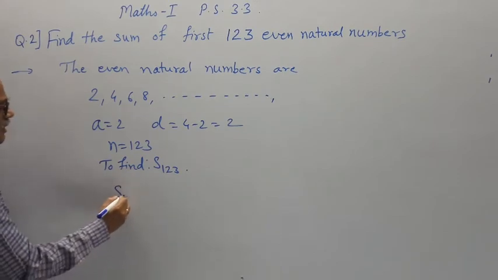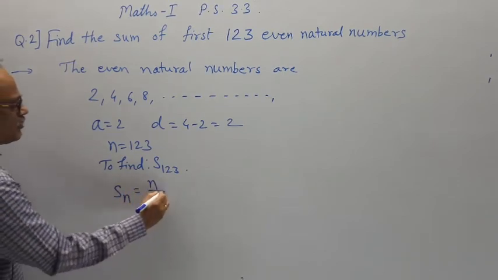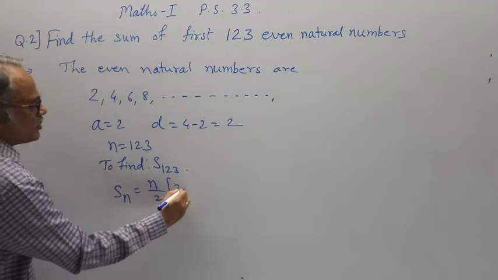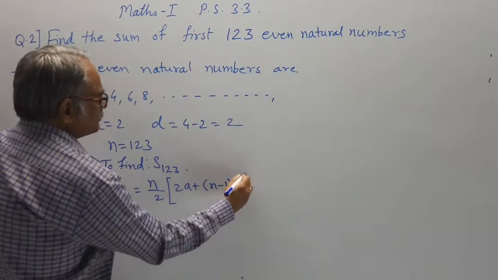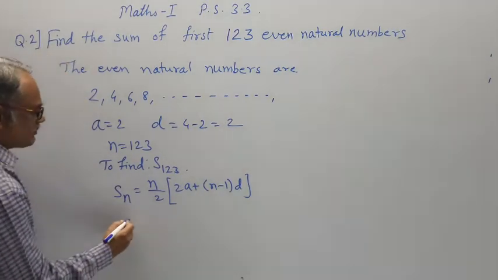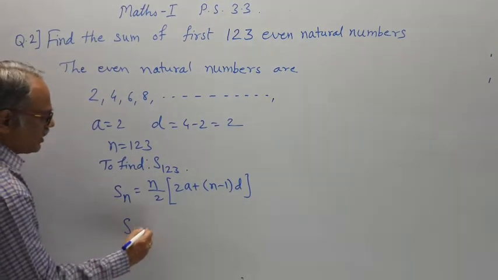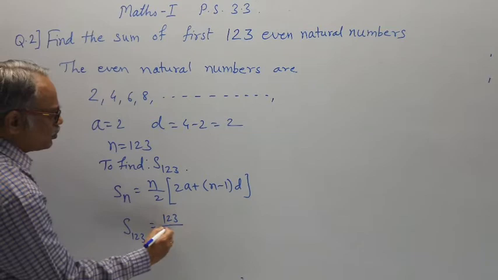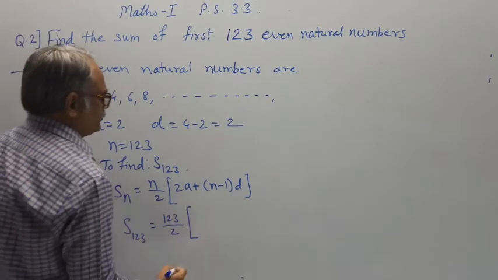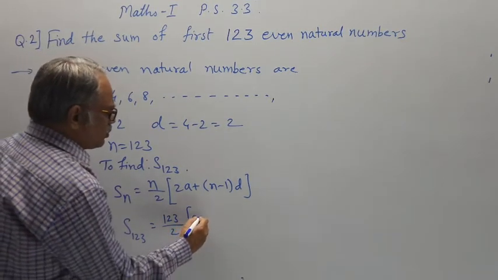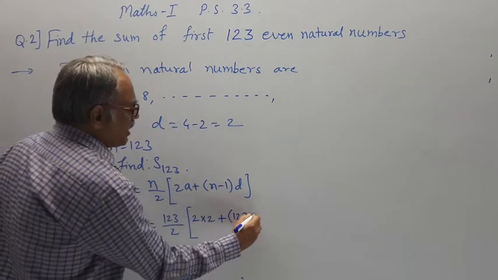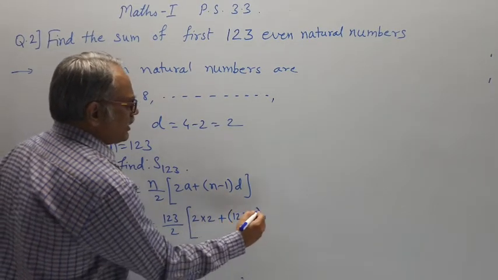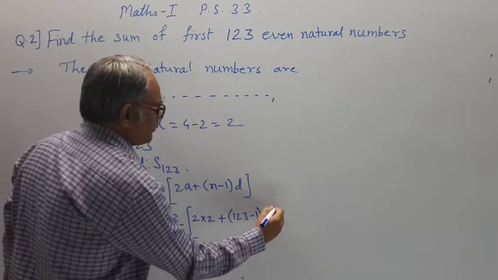Now the Sn formula: n by 2 bracket 2a plus n minus 1 into d. S123 is 123 upon 2 bracket 2 into 2 plus 123 minus 1, n is 123, into 2.